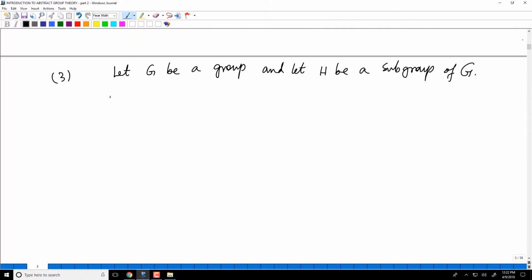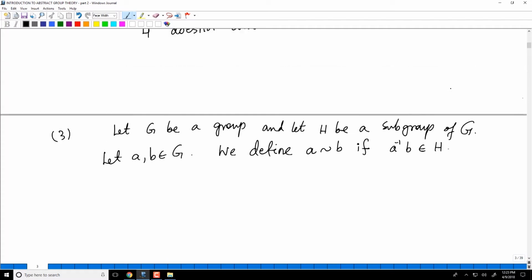Let A and B be two elements of G. We define that A is related to B if, let's say, A inverse B is in H.